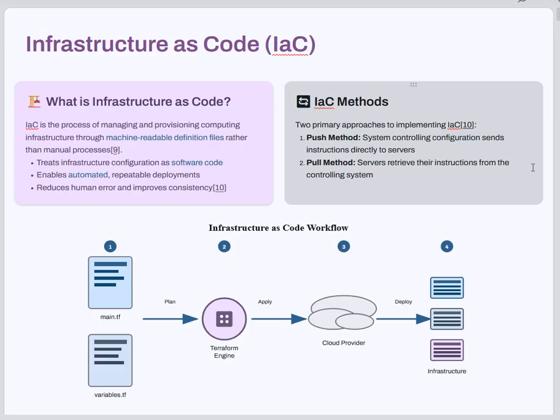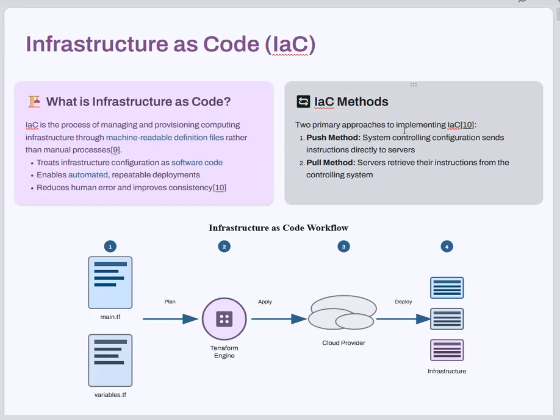IaC, infrastructure as code, is a process of managing and provisioning computing infrastructure through machine-readable definition files rather than manual processing, right? It treats infrastructure configuration as software code, enables automated, repeatable deployment, reduces human error, and improves consistency.